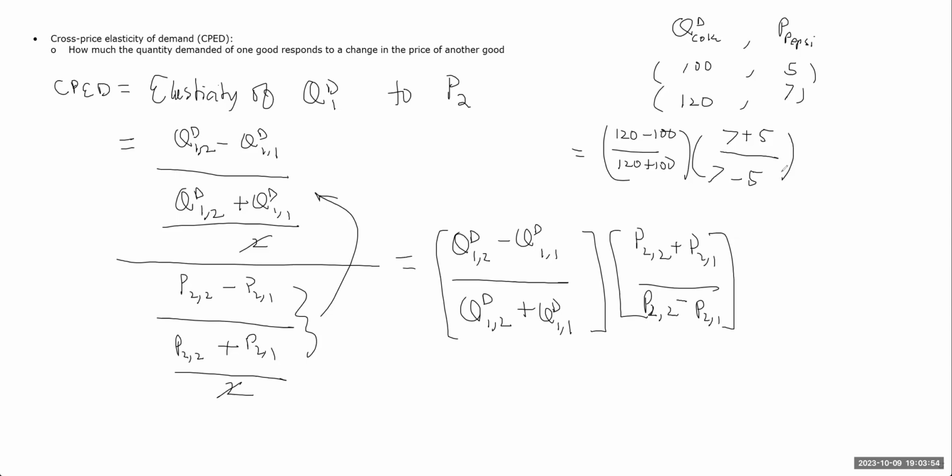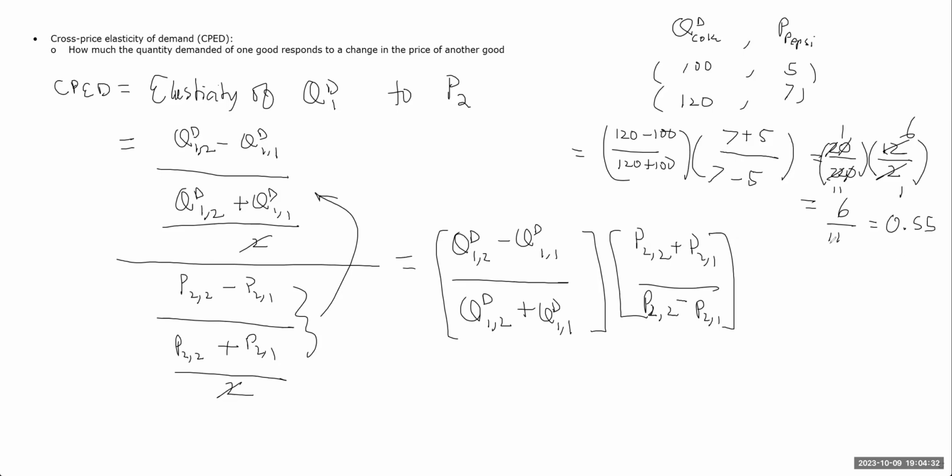So then this becomes 20 over 220 times 7 plus 5 is 12 over 2. And this becomes 6 over 11, and I could calculate that with the calculator. 6 divided by 11 is the following.